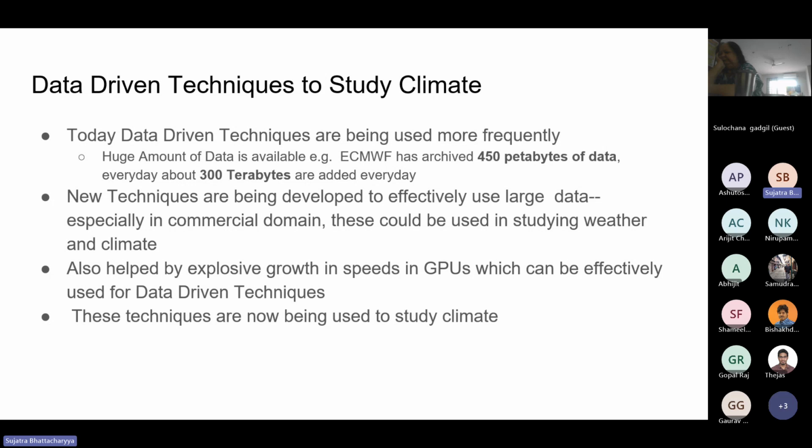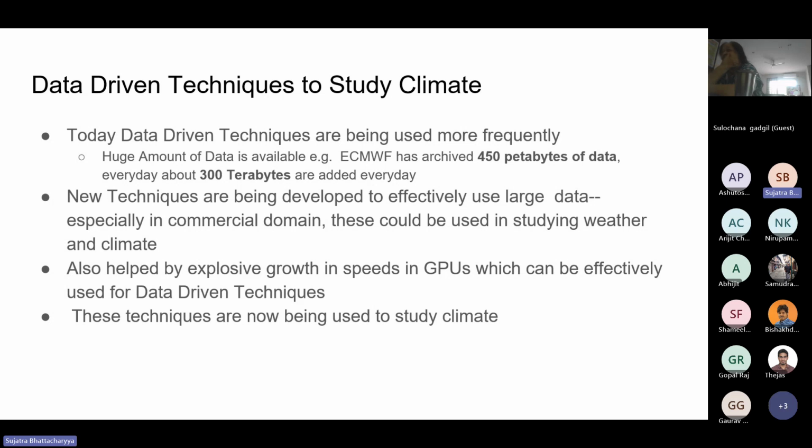So that's the kind of data that's coming in. Obviously, a huge amount of data, and physically it's not possible for us to look at it and analyze. So I think that's where the data-driven technique comes in, where it automatically picks up connections, etc. within the huge data that you have, or the relationships that can be picked up with data-driven techniques. And that's why it is becoming more and more popular.